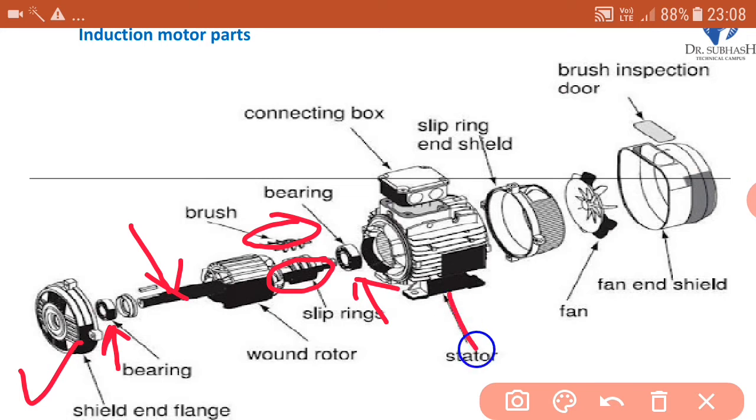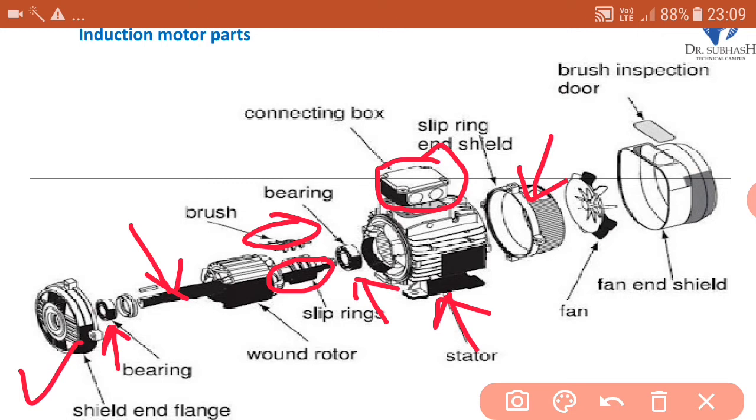And here is a stator, and above it there is a connecting box. So the power supply given to the stator is connected in this connecting box. Slip ring and shield. So this is one type of cover of the slip ring. It will protect the slip rings from mechanical damage or any other things.